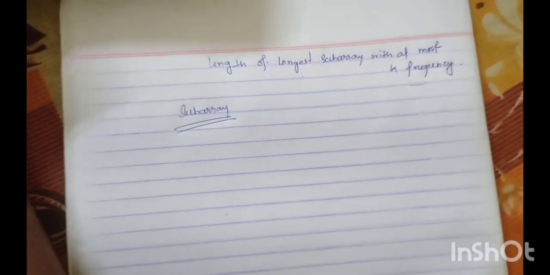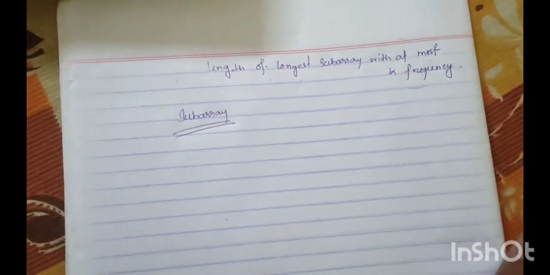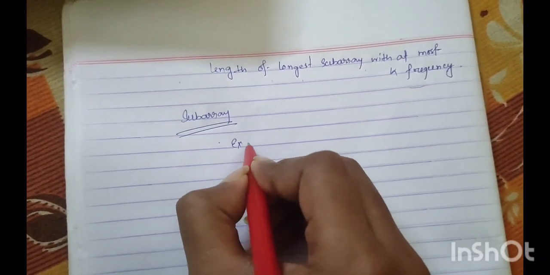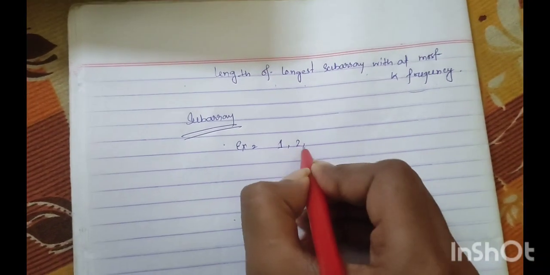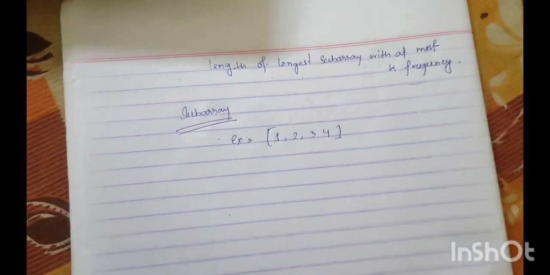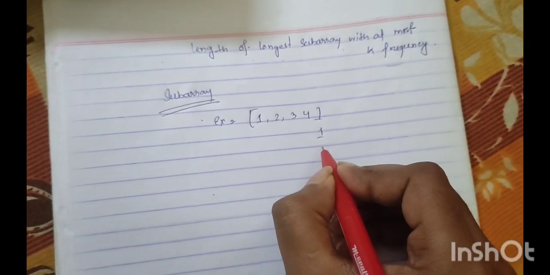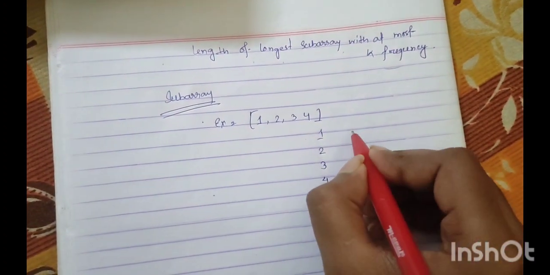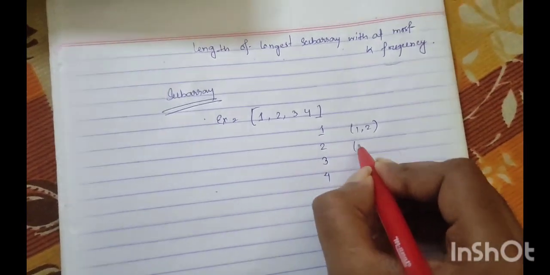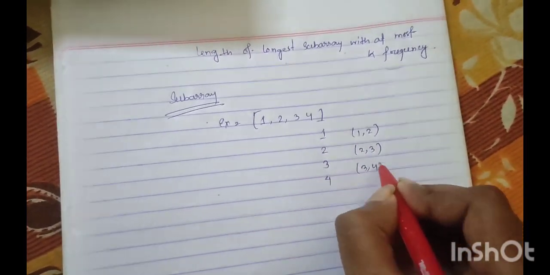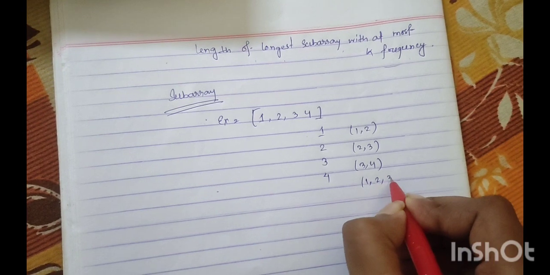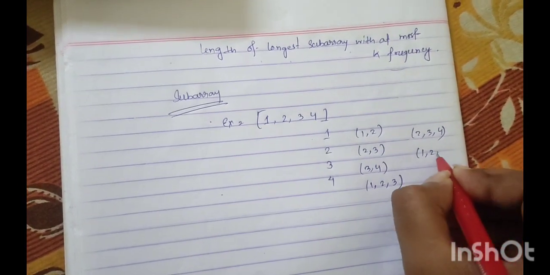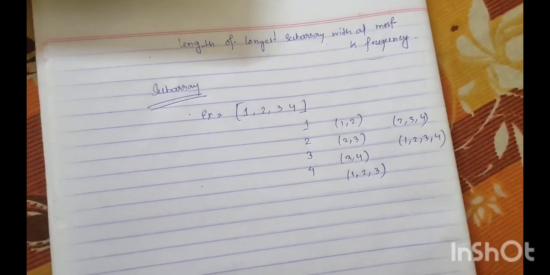What is a subarray? This is an example array: 1 2 3 and 4. Then 1 is a subarray, 2 is a subarray, 3 is a subarray, 4 is a subarray. 1 2 is also a subarray, 2 3 is also a subarray, 3 4 is also a subarray, 1 2 3 is also a subarray, 2 3 4 is also a subarray, and 1 2 3 4 is also a subarray.